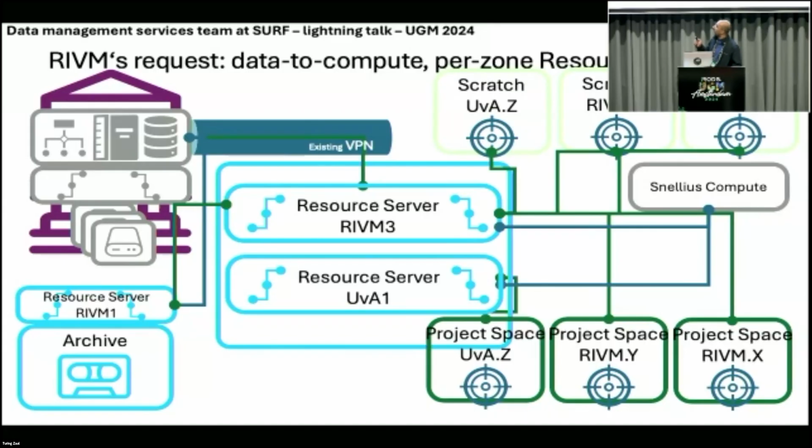RIVM have a tape archive, what we call an iRODS scale-out instance on our site. The resource server is an iRODS resource server on our site that's connected to our tape archive. Instead of RIVM pulling the data to their site and processing it on their HPC, we're implementing a workflow that would allow them to stage the data on the scratch or project space of the supercomputer.